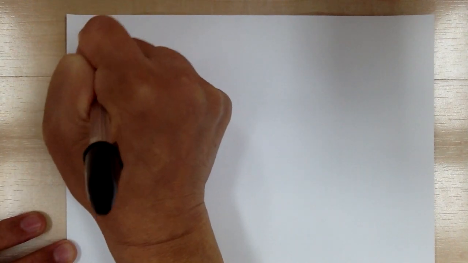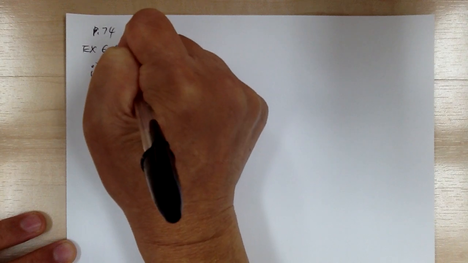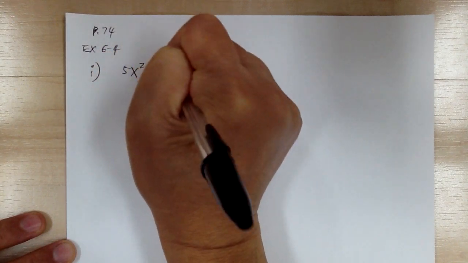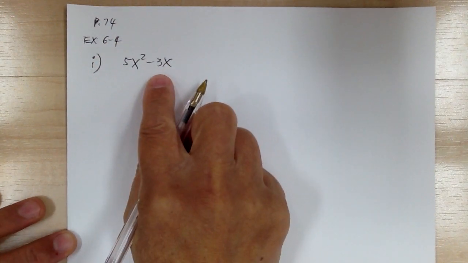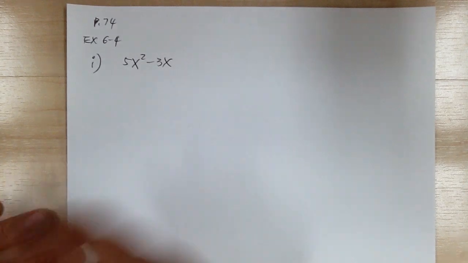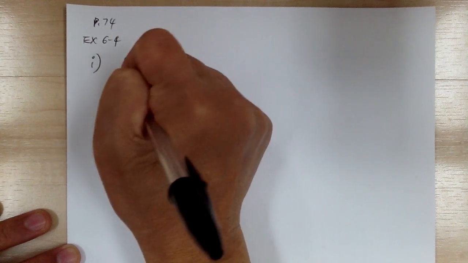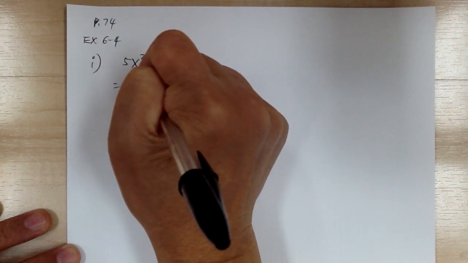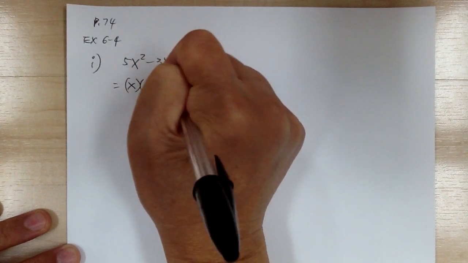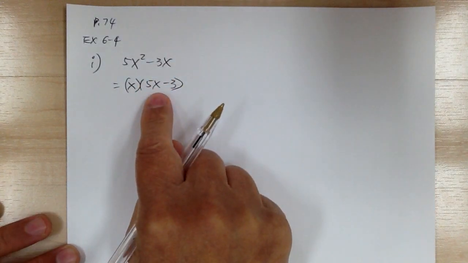Okay, the first example, you've got 5x squared minus 3x. In this case, you can just factor out the x, that's your common factor. So this will equal x times (5x minus 3). This is the first case, when you don't have a number.